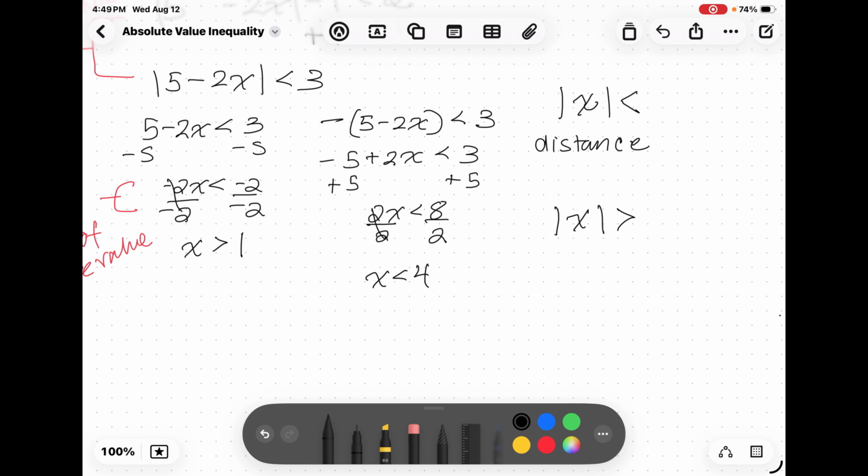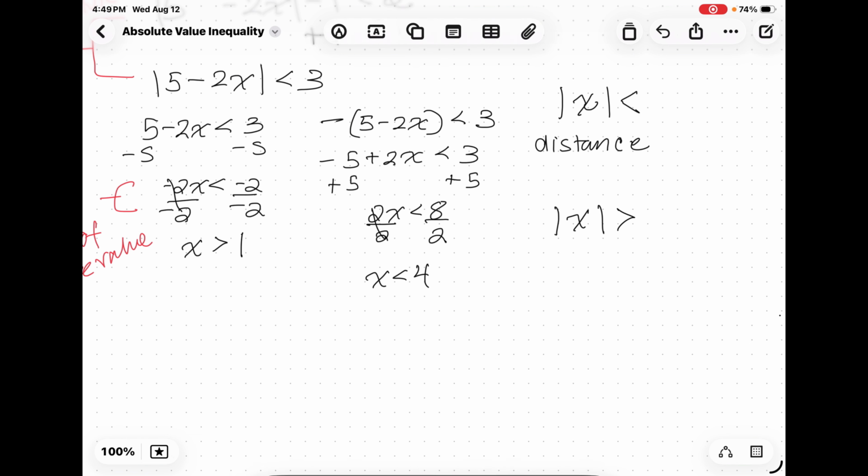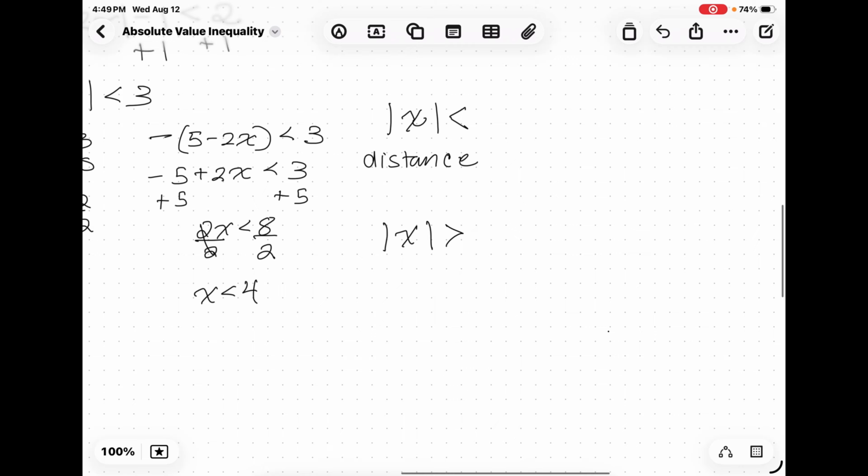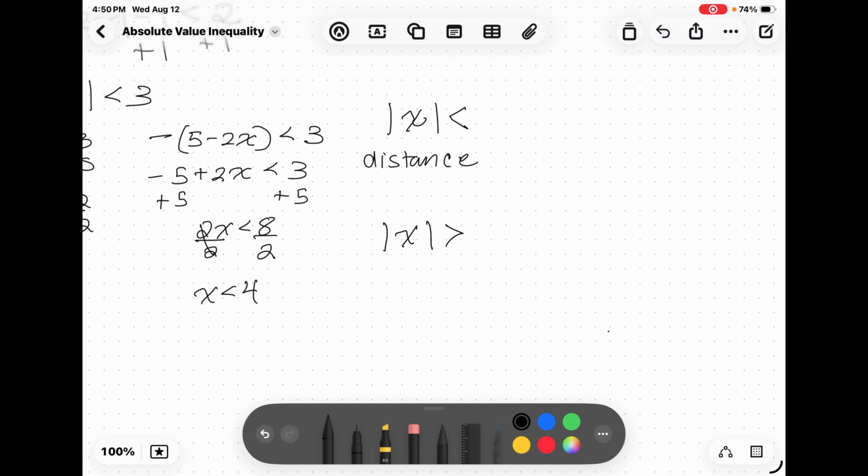This might not be so easy for you to see. What if I do it with a number and I just go 2? What would that look like?